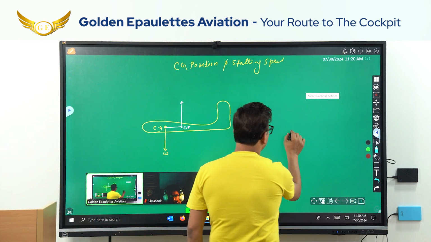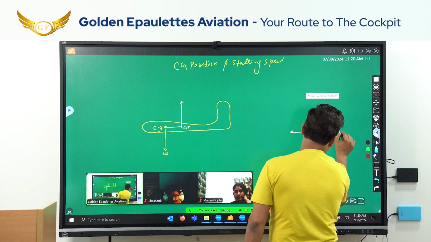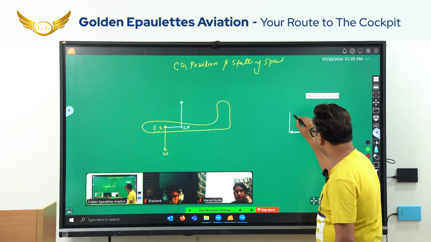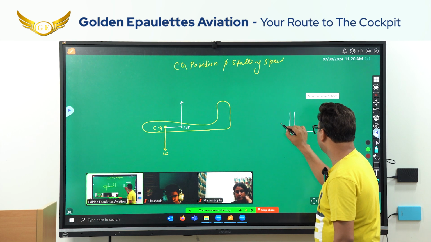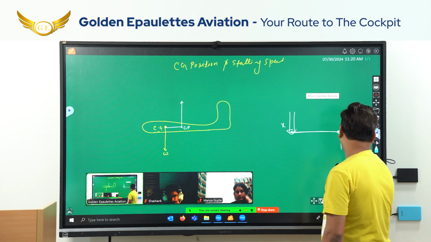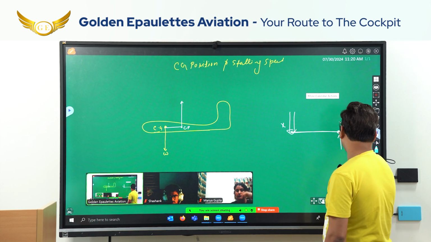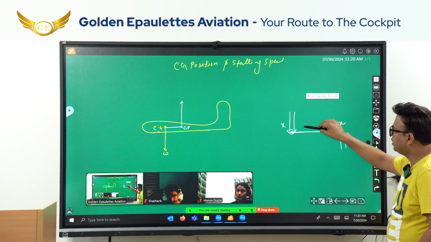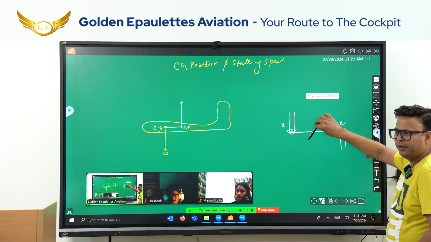So, for example, if this is a rod, you apply X force here and X force at this point, in the upward direction. What would be the movement of this? It will go this way.